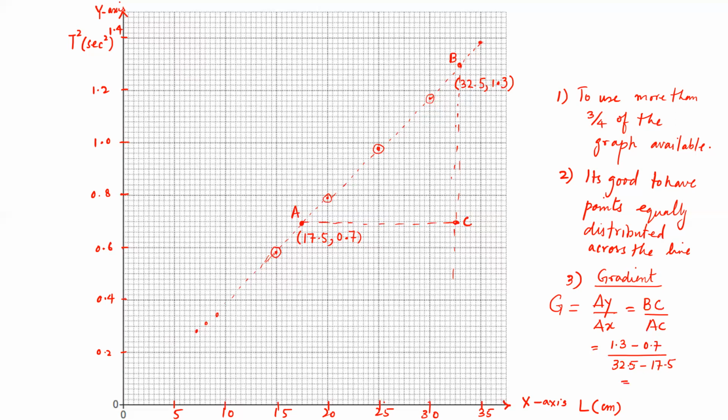Let me use the calculator to see how it comes. 1.3 minus 0.7 is 0.6, and it is divided by 17.5. So it is exactly 0.04, and the units are seconds squared per centimeter. Okay, so this is my slope.